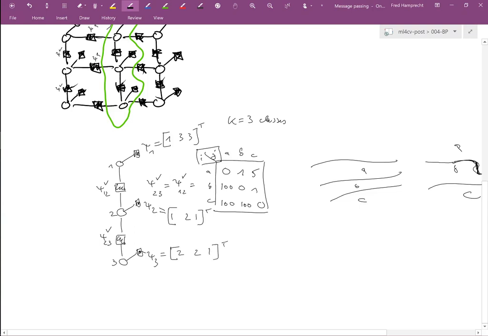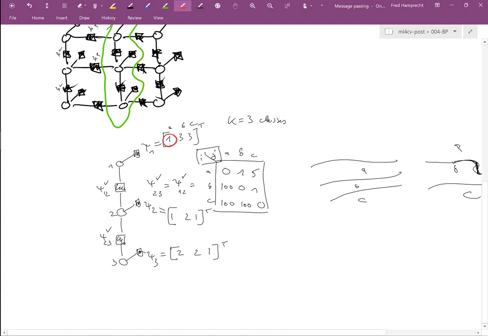Yeah, so the first classifier tells me that it believes that class A is found at this pixel because A has the lowest energy. It has an energy of 1, whereas B and C have an energy of 3. Yeah, so these are the energy contributions for class A, B, and C from this unary potential. So the first pixel would vote for class 1.